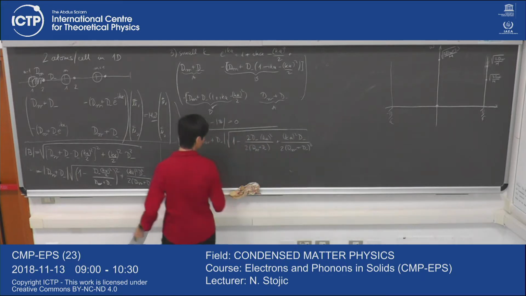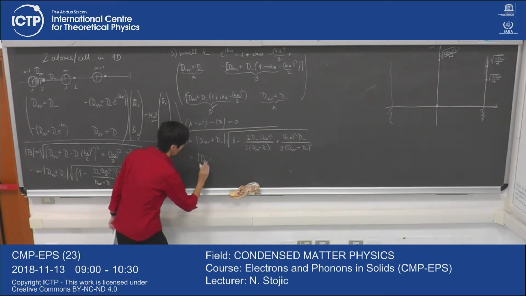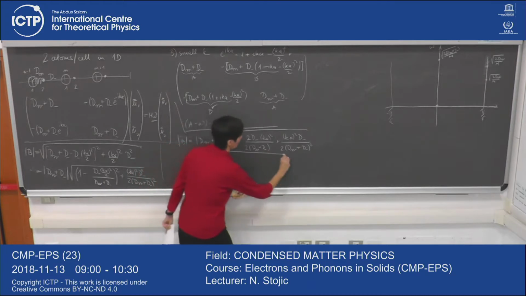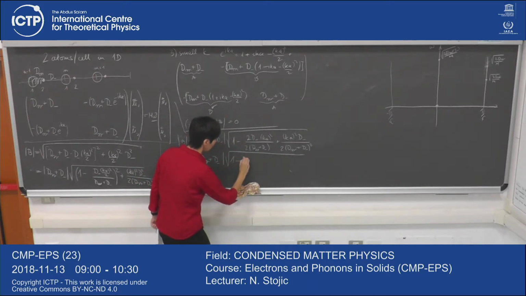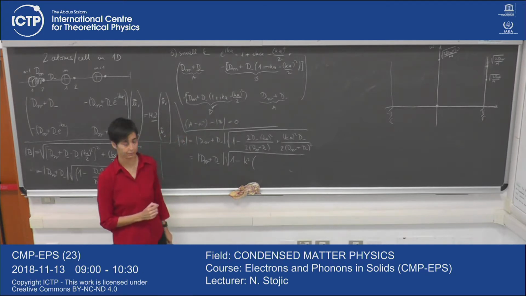And then I can write this as 1 minus, and put together all the dependence on t squared.